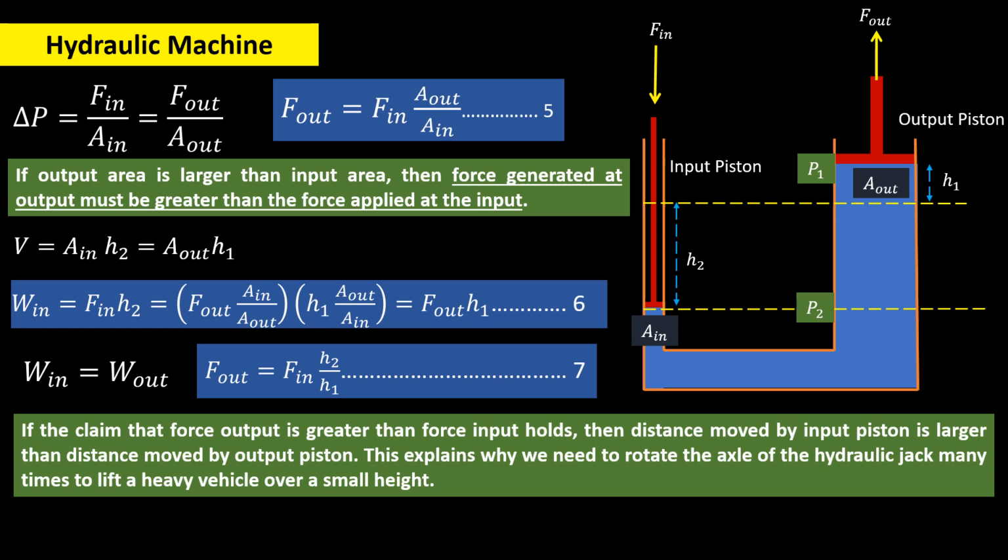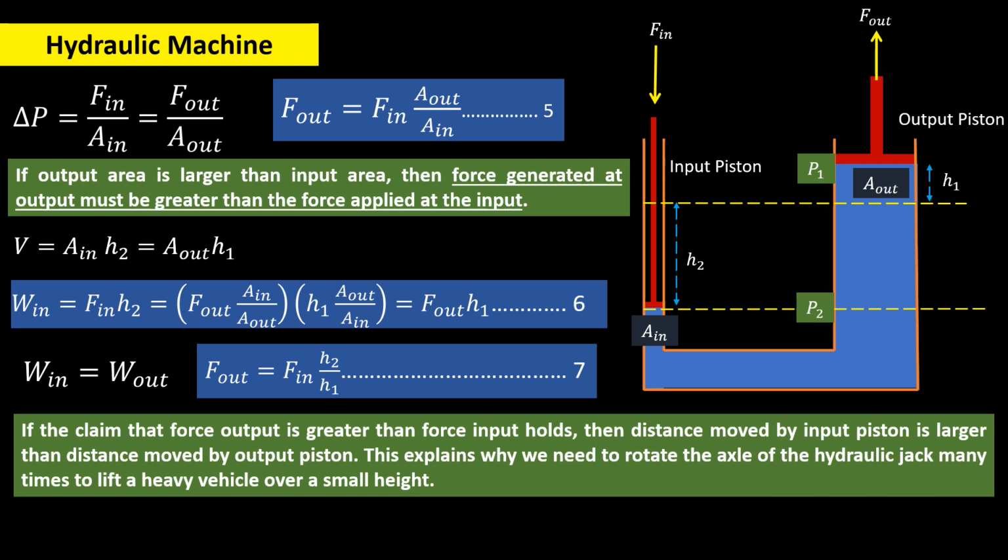So if the claim that force output is greater than force input holds, then the distance moved by the input piston has to be larger than the distance moved by the output piston. And this explains why we need to rotate the axle of the hydraulic jack very many times to lift a heavy vehicle over a very small height.